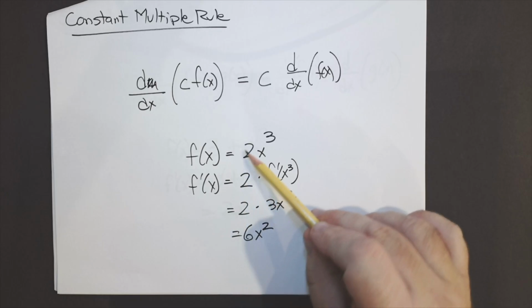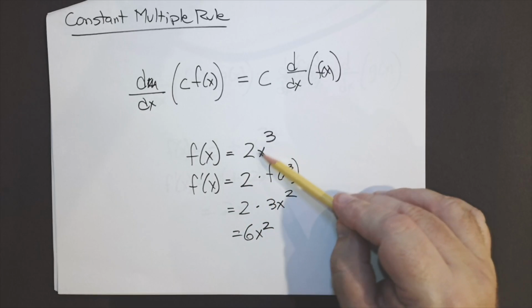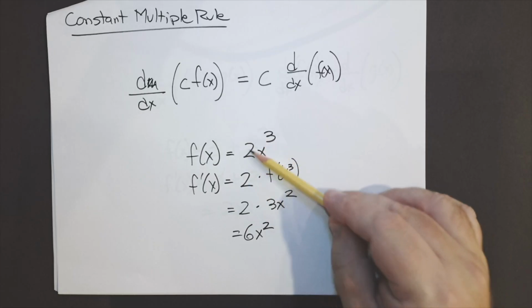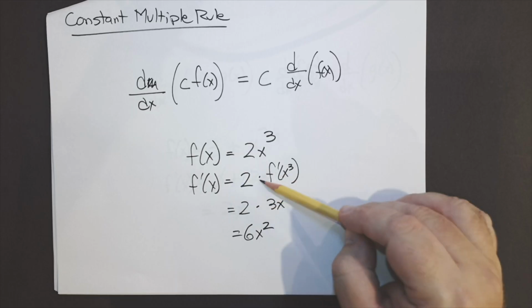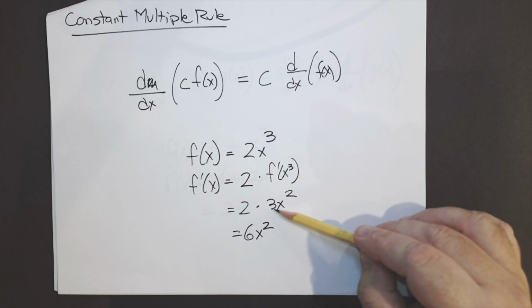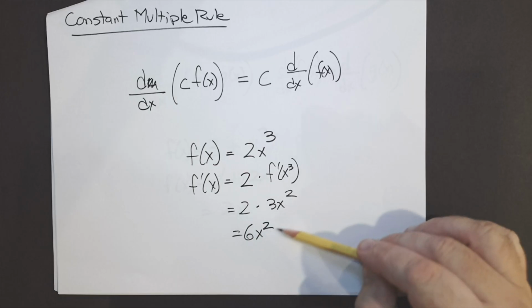And notice this 2 is not going anywhere. So when I do my power rule, the 3 is going to come down here, and I'm going to multiply by that 2. So it's not going to become 32 or anything like that. It's 2 times whatever the derivative of that was. Well, the derivative, we just did it. It's 3x squared. So that's 2 times 3x squared, which is 6x squared.